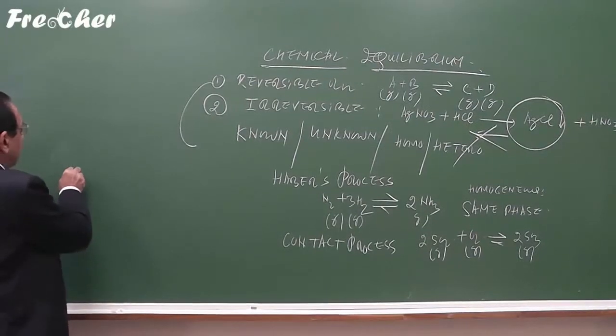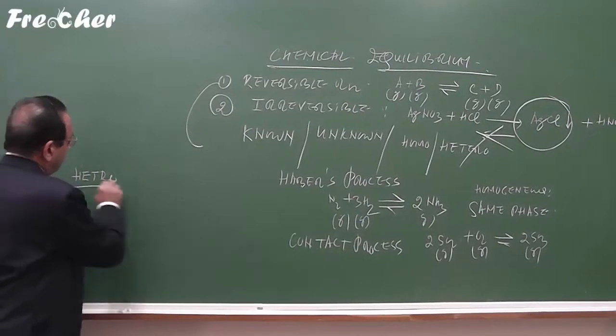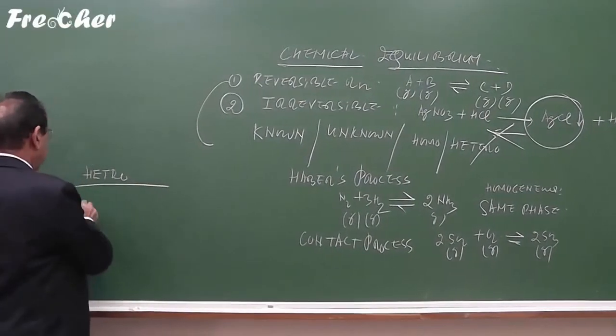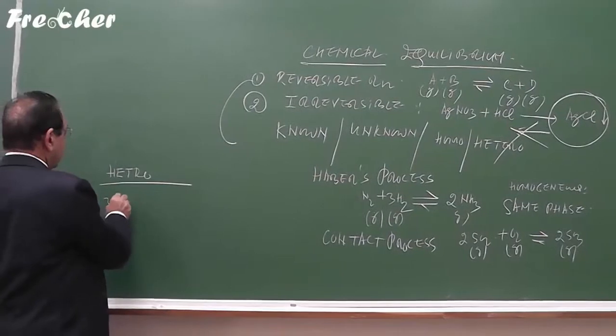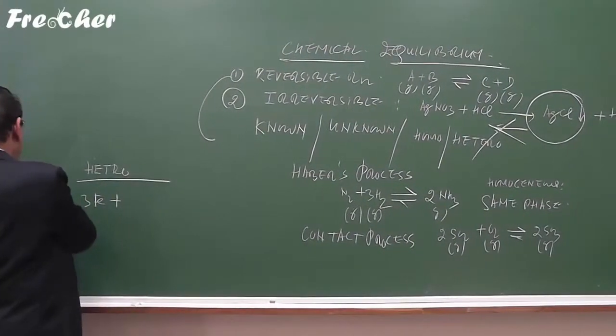If a reaction is hetero, it means reactants and products are not in the same phase but in different phases. Let me write a reaction of steam on iron, a very well-known reaction. You must have heard the name Lane's process.